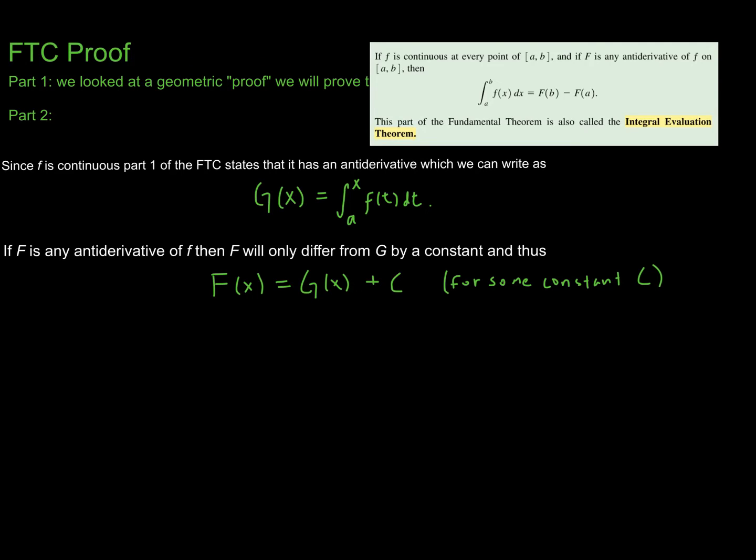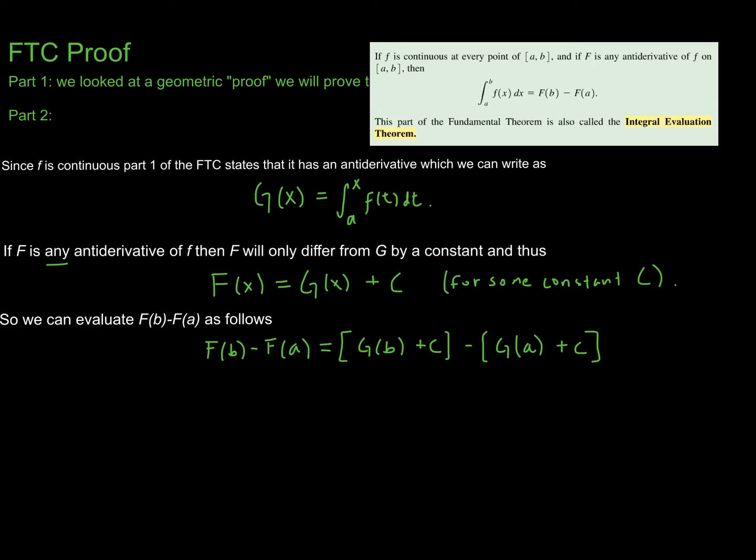Quite simply, that if F is any, I would underline that, antiderivative of lowercase f, then capital F will only differ from G by a constant, and thus capital F of x is equal to capital G of x plus c for some constant c. Could be anything. Now, I have a way to represent capital F, so now I can write this statement here, capital F of b minus capital F of a.